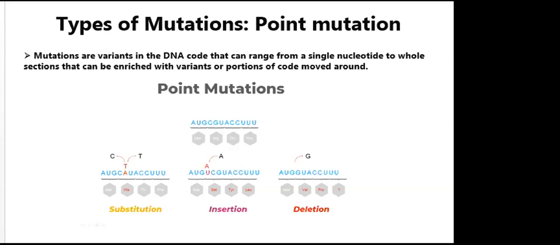Okay, basically deletion happens in point mutation. It is most expressed in point mutation. The reason being that if you had gone through the introduction to genomics on the platform, it clearly states that when we talk about point mutation, just like I said earlier, we have substitution, insertion, and deletion.